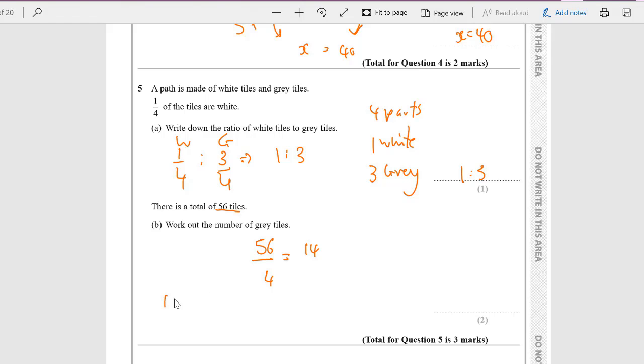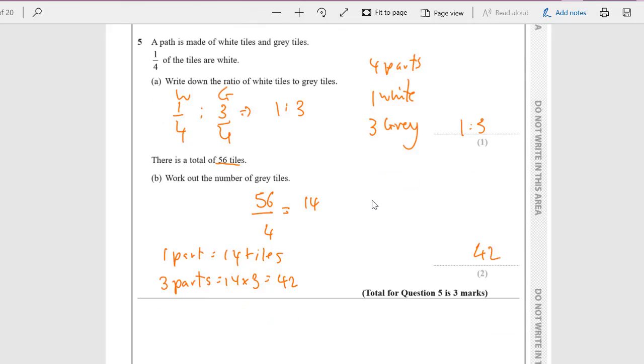So that we know that 1 part equates to 14 tiles. So that means that there's going to be 3 parts of grey tiles, which is essentially 14 times 3, which gives us 42. Brilliant.